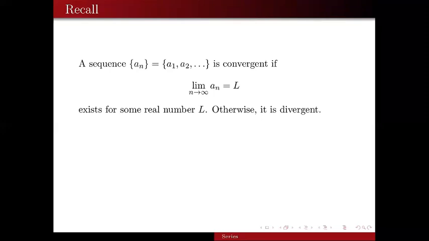We said that this sequence is convergent if the limit of the terms as n approaches infinity equals L, where L is some real number. If L does not exist, or if L is plus or minus infinity, then we say that the sequence is divergent. So take note, a sequence is an ordered listing of numbers.